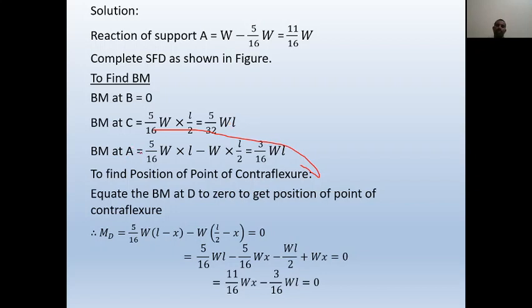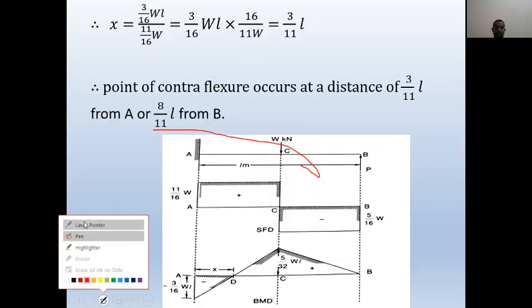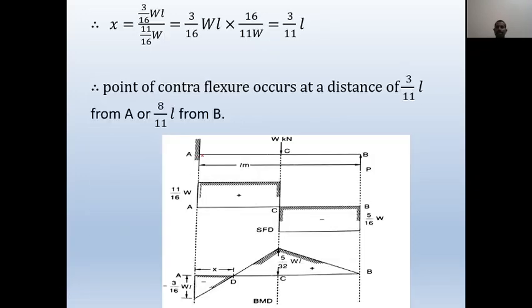Similarly, we can also calculate the bending moment at A. Bending moment at A is equal to this particular point load multiplied by total distance L, which is creating a counterclockwise moment about A, whereas W at the center multiplied by this distance L by 2 will create a clockwise moment about A, and therefore the difference of these two.